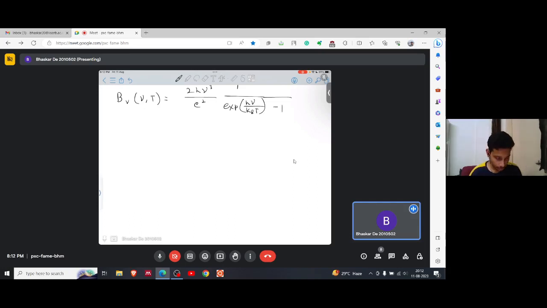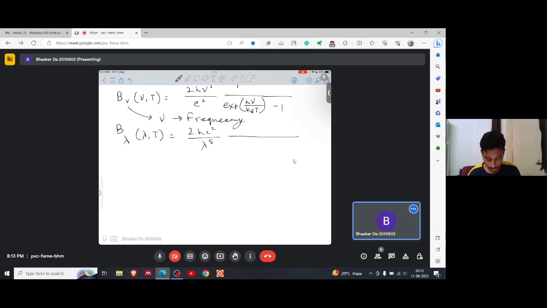I am writing this for your reference: this is B nu, where nu is the frequency. Now B lambda of T is 2h c squared by lambda to the power 5, times 1 by exponential of hc by lambda kBT minus 1.